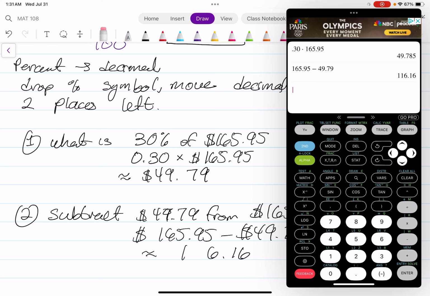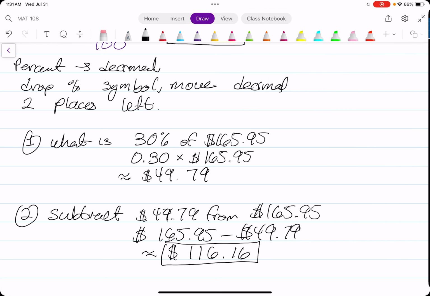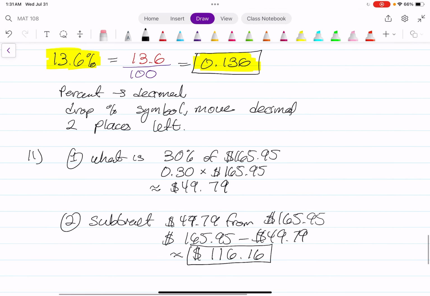Yep, I was wrong. $116.16 approximately, depending on the way your professor does it in class. It could be rounded off by a little bit. You can get 116.17, depending once again on the way it's rounded. But there you go. That is number 11 in a nutshell.